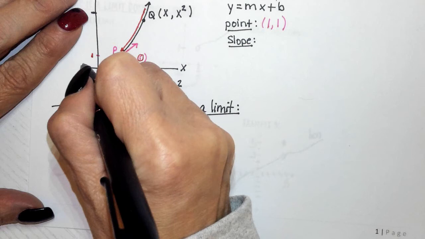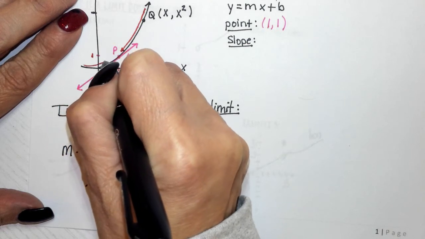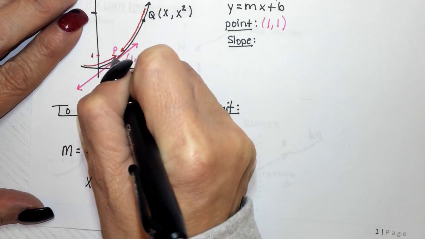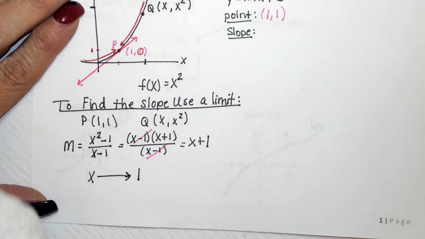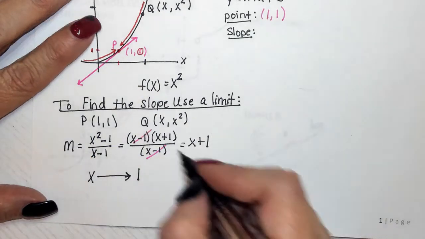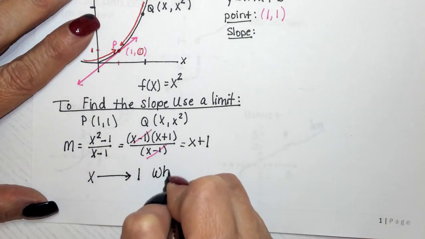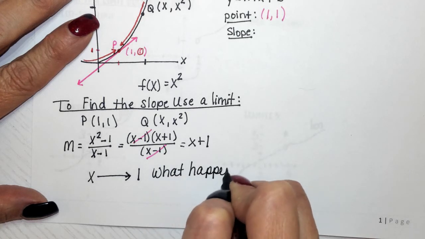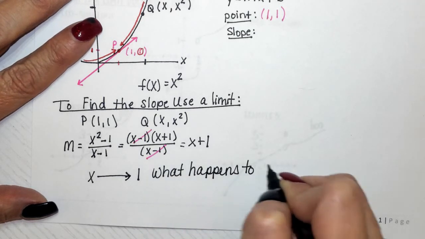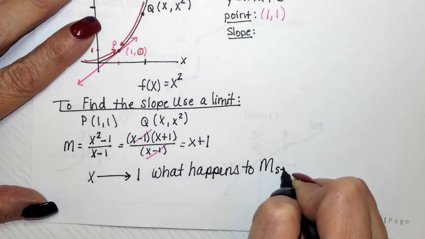And then you want to know, as you're coming in from this side, as you approach 1 from the right, what value are you getting close to? Well, let's see. As x approaches 1, what happens to the slope of the secant?